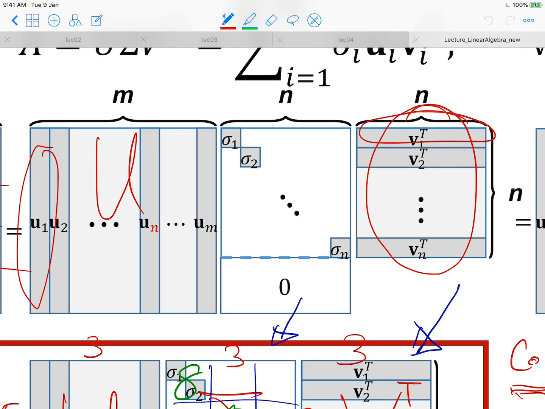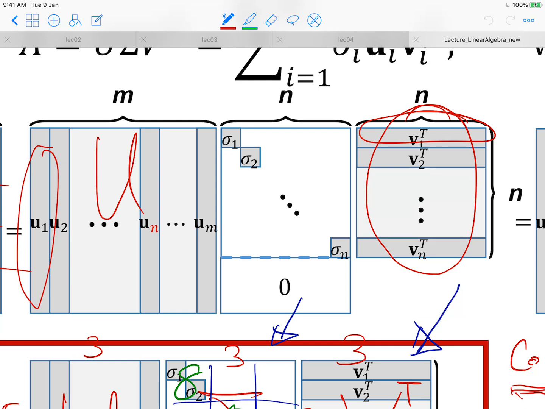Suppose we obtain 10 non-zero singular values. Then the first 10 columns in the left matrix give you the orthonormal basis vectors of the column space of A. The rest of the vectors in this square orthogonal matrix give you the orthonormal basis for the null space of A transpose.